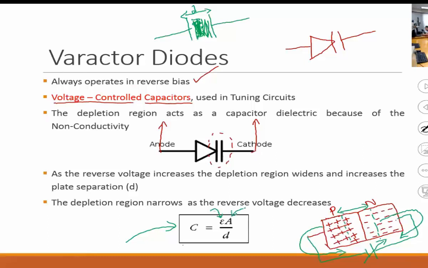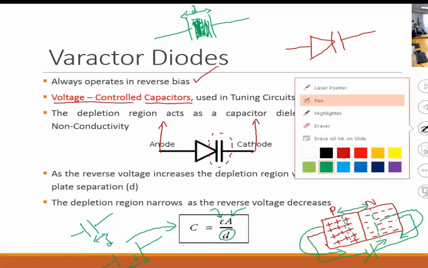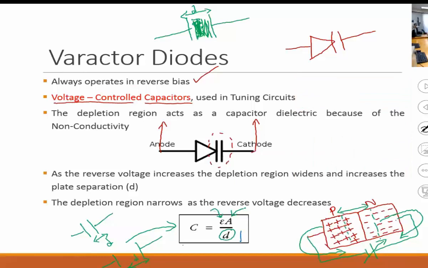A is the area of cross section, but most importantly, D is the distance between the plates of a capacitor, how far these two plates are separated. So if you increase the distance between the plates, what will happen to the capacitance? If I increase this distance, what happens to the capacitance?